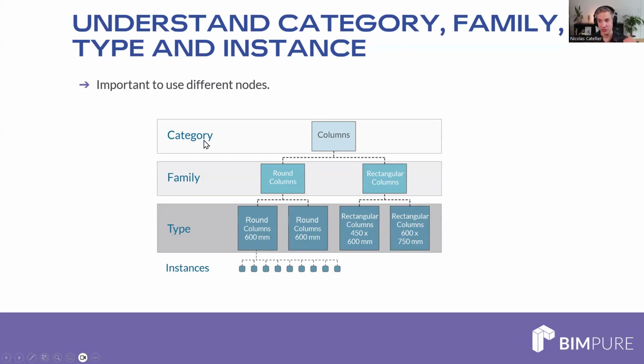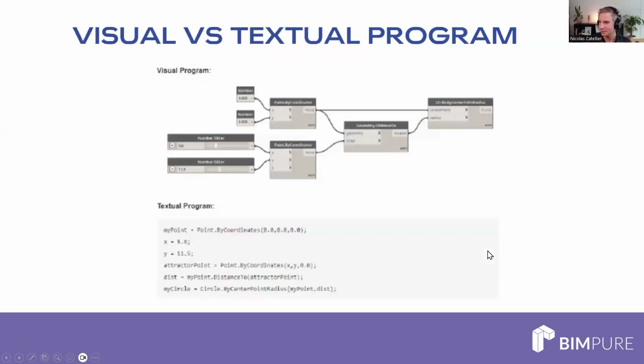When you're going to select nodes, you must know exactly what you're talking about. Of course, category can be columns, walls, dimensions. The family can be a loadable family or a system family, depending on the category. It could be round or rectangular columns. The types are mostly user created in Revit, and the instances is every single element. So just keep that in mind.